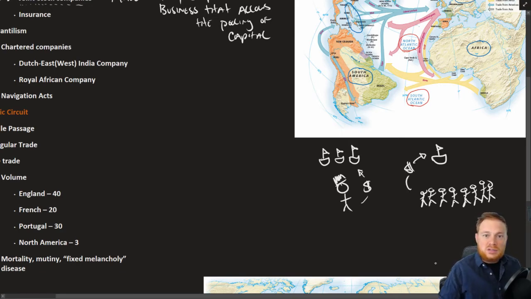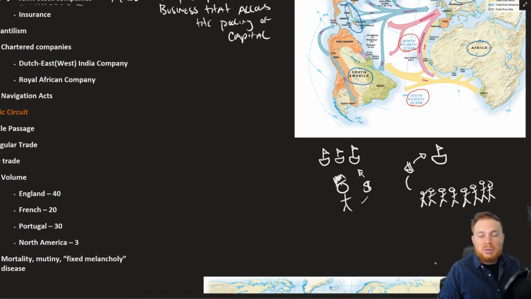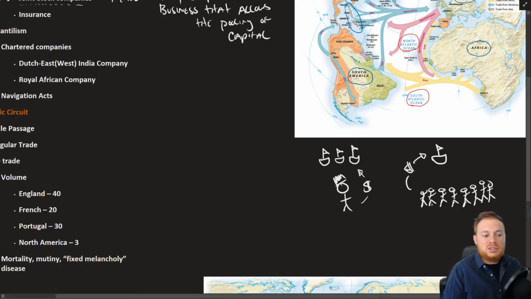That way the business can finance things like the shipping, the crew, maybe even plantations if there's plantations involved. And the idea is that if that business makes money, then so does the investors, or what they're really called are the stockholders, because in exchange for financing a company, each individual person who financed it gets a stock, right? And this is a way for individual investors to be part of a company.